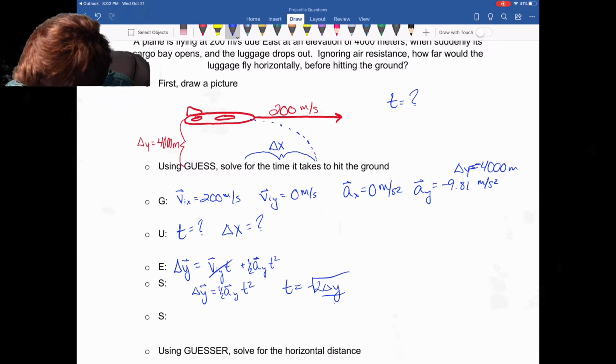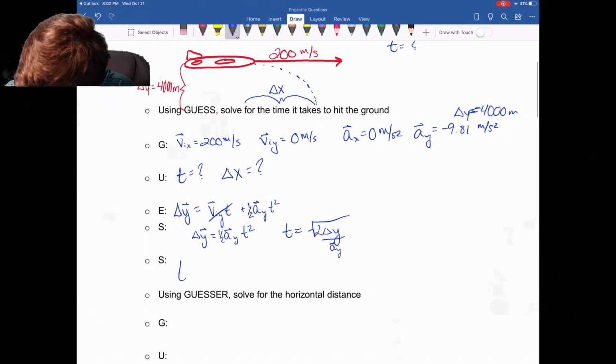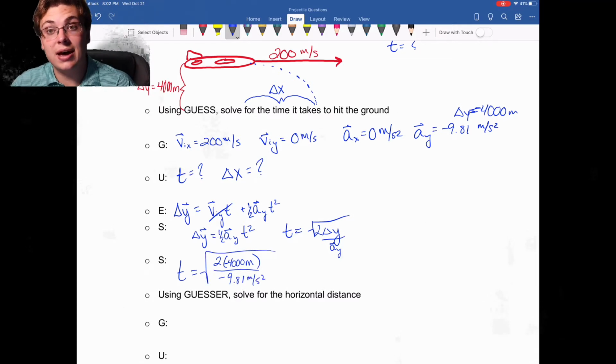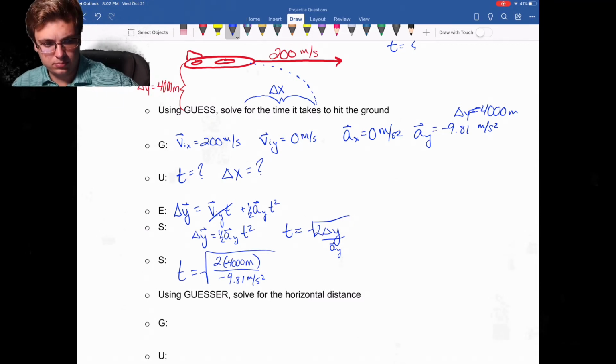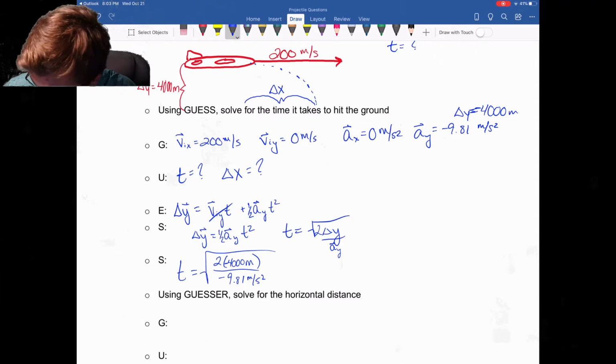So our t equals the square root of 2 times negative 4,000 meters divided by negative 9.81 meters per second squared. We take the square root of that, and what do we get? Our t is actually going to equal 28.56 seconds.